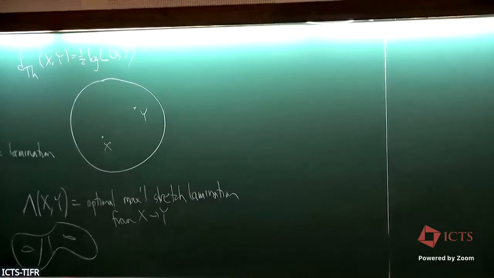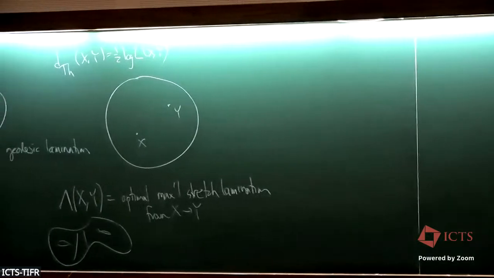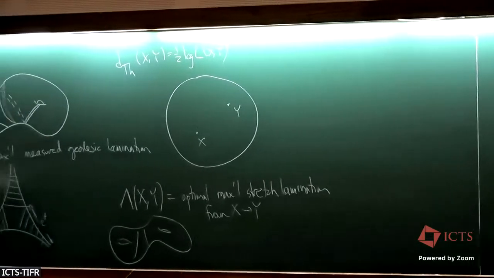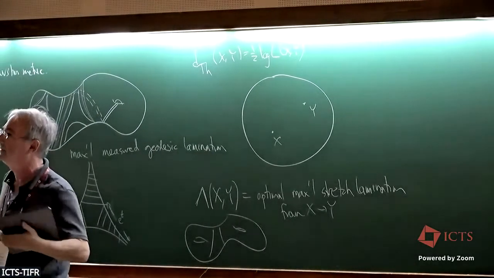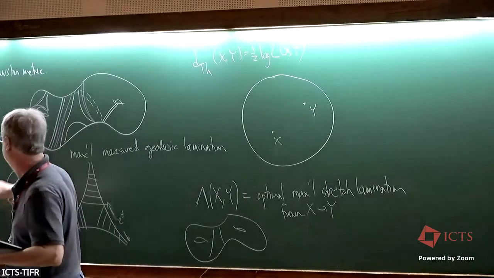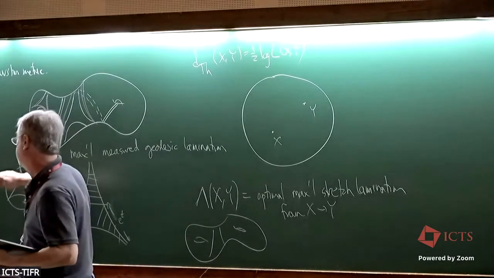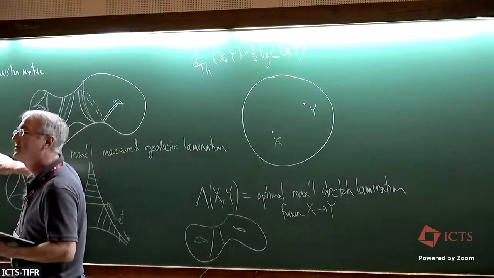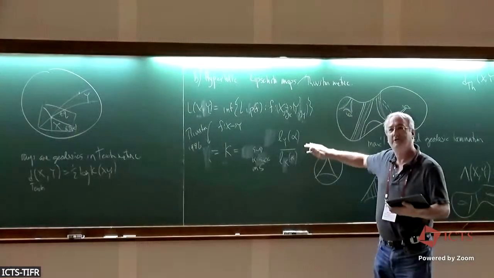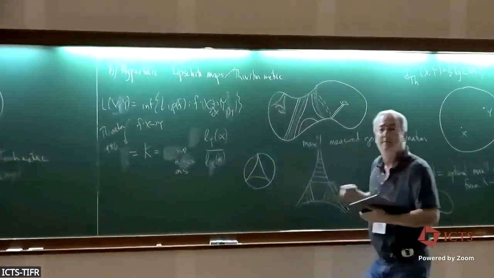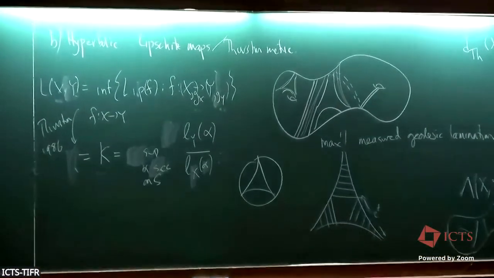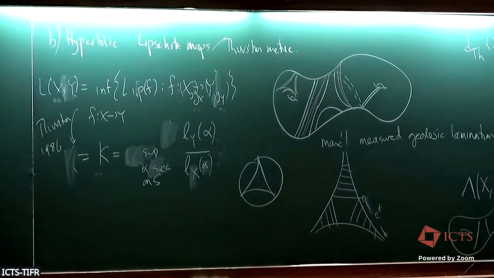I can look at the union of all the ones that achieve the supremum, and they fit together to be a chain recurrent lamination. I'm probably going to drop the words chain recurrent through the talk because I don't want to get too far into it. So one can look at which laminations get stretched the most, put them all together and call that capital lambda of xy, the optimal maximal stretch lamination from X to Y.